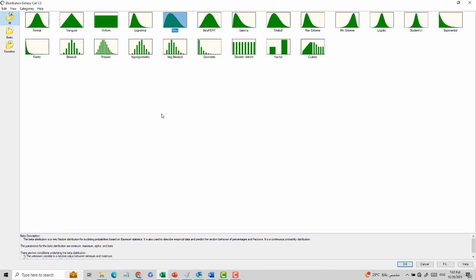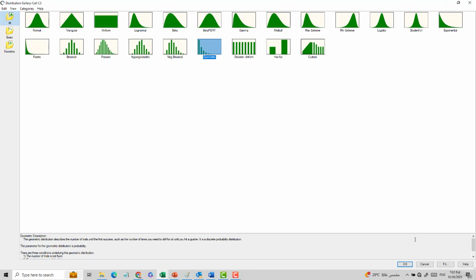So we mentioned we have uncertain variables, we have continuous ones, and we have discrete ones like Poisson distribution, hypergeometric, geometric, and so on. And we discussed this in detail.